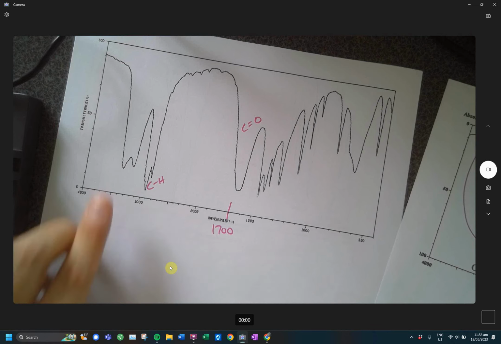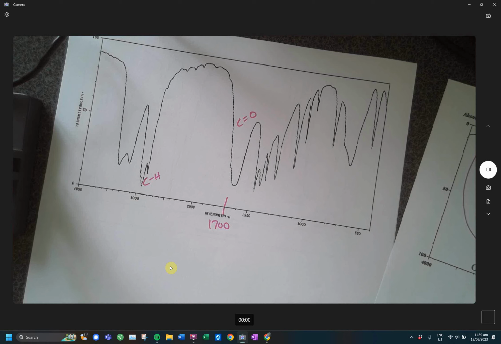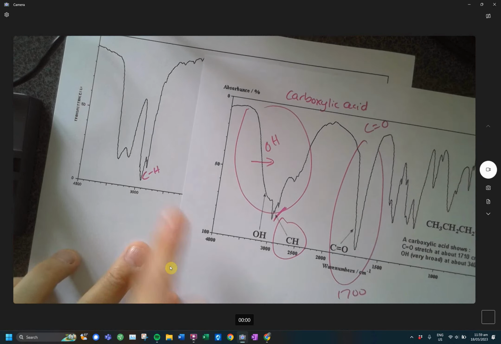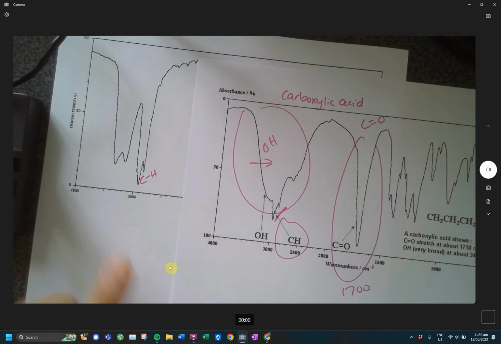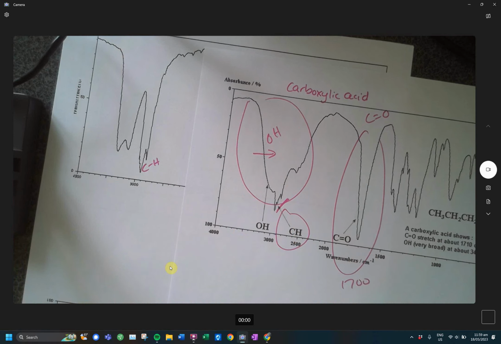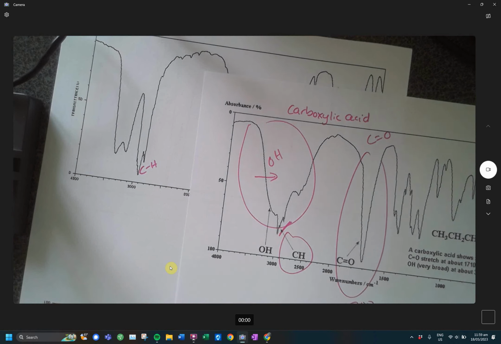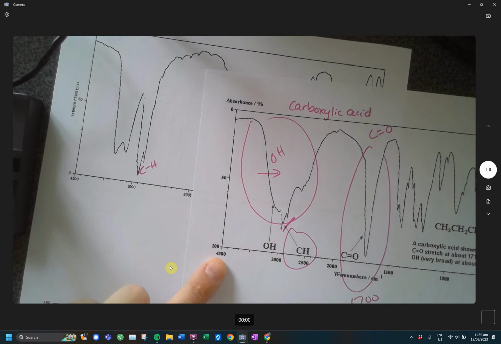And do you see how I see a trough that's right next to my CH? A lot of you guys are thinking alcohol, and you're thinking carboxylic acid, which is a fair thing to think because you're used to seeing that next to it. But do you see how this one doesn't crash into the CH? It's separate. It also has these two double ones, whereas this one's just one big one.